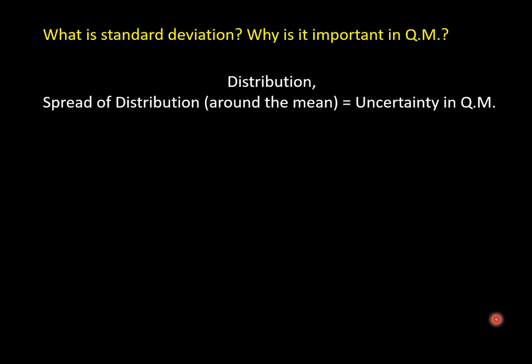If you plot the values against the number of times you get them, that would give you a beautiful distribution curve, and that distribution would have a spread around the mean, because all the values are not the same. That spread in quantum mechanics is related to uncertainty.